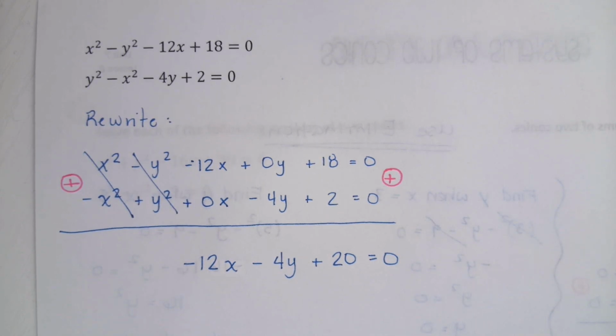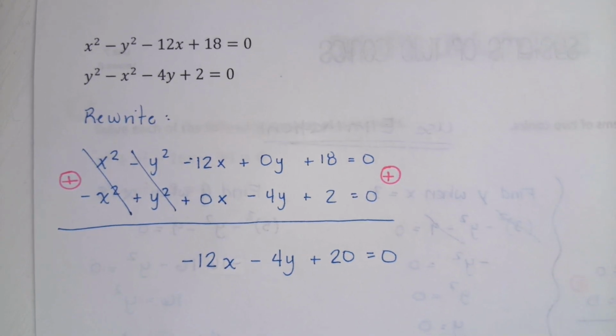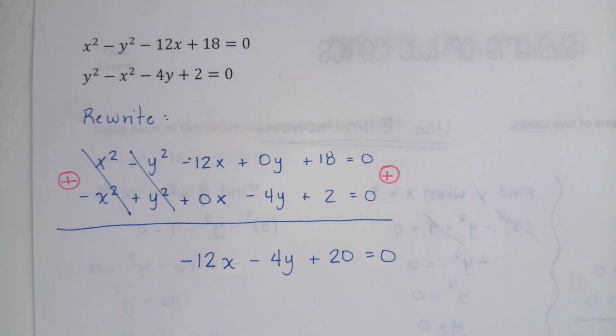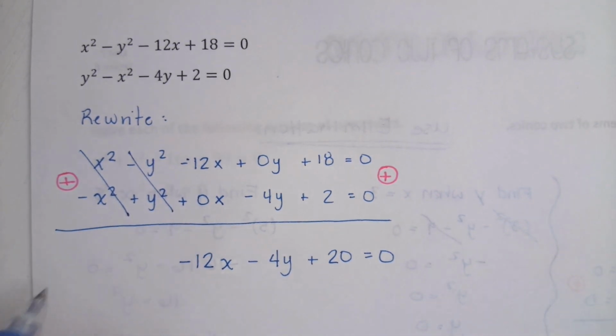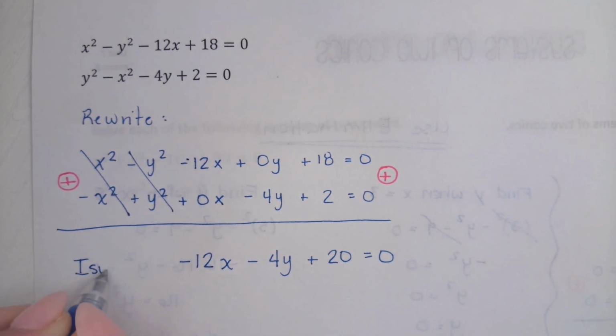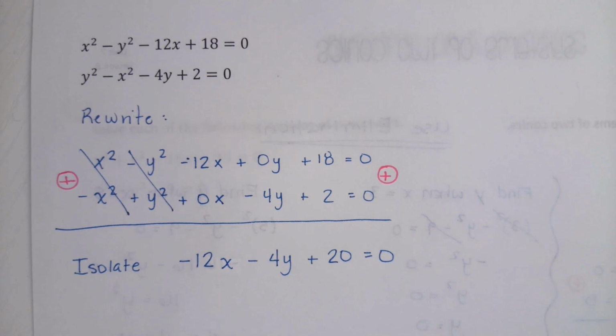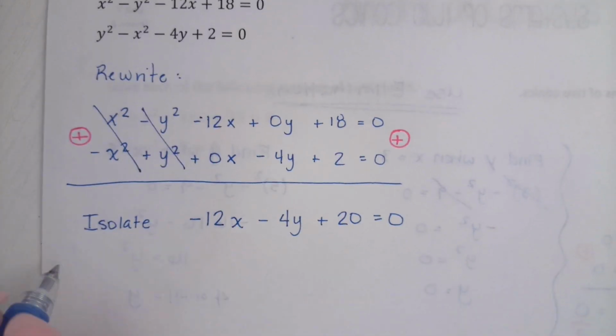So what we're going to do with this little linear function now is isolate a variable on it so that we can use substitution. We'll be substituting this little linear function. I know, it's crazy. Which variable y'all want to isolate? Y. Sounds great.